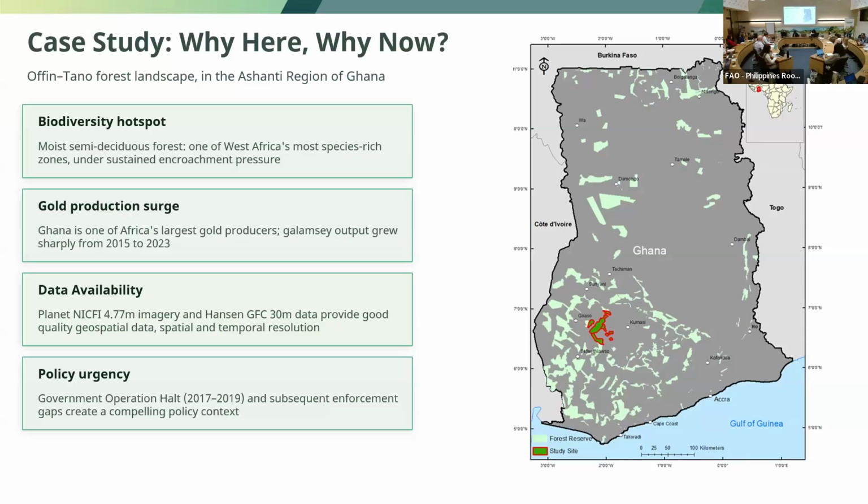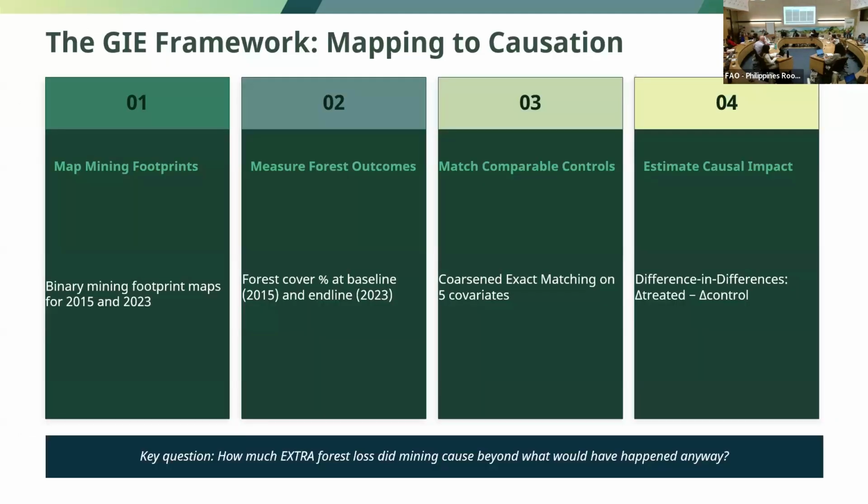But the most important thing is that we want to provide some evidence-based output that will help drive policy. We know the government has unsuccessfully tried to halt illegal mining activities in Ghana. And the idea is to specifically estimate how much mining has been contributing to the deforestation in the region.